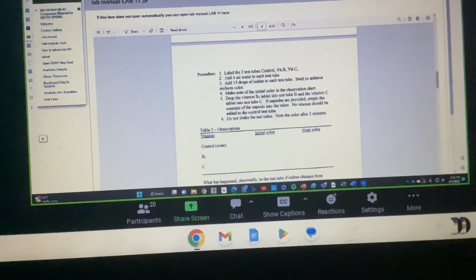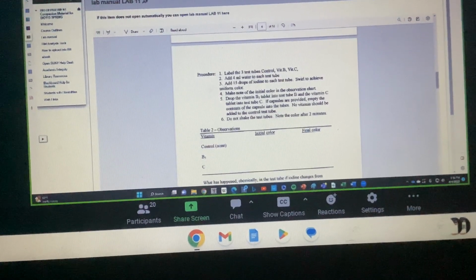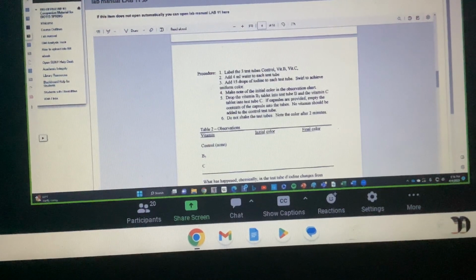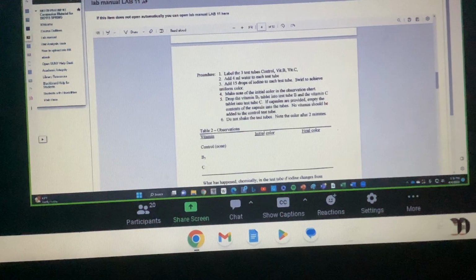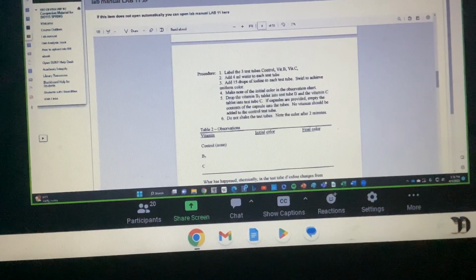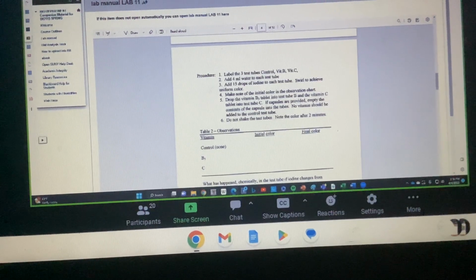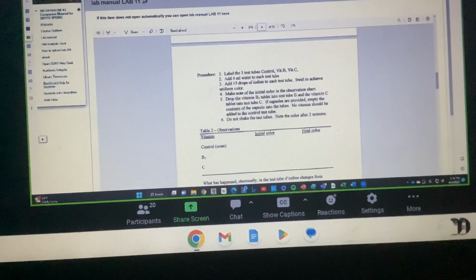What is the difference between appetite, hunger, and satiety? Between hunger and what else? Hunger, appetite, and satiety. Thank you. Sure.